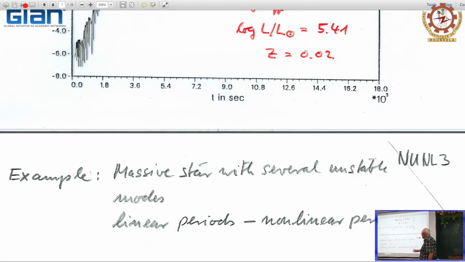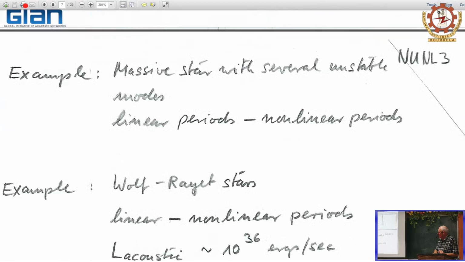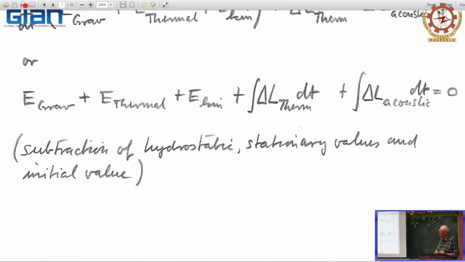Once we take a massive star with several unstable modes, we can compare the linear regime with the linearly predetermined results and eigenfrequencies, and we will see another effect apart from that.